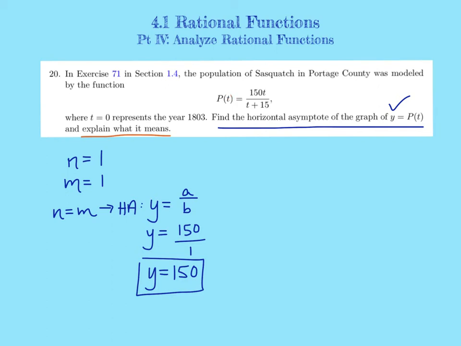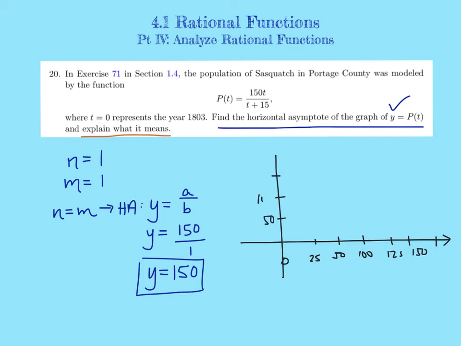Let's talk about positive infinity here. What we do know is that as t gets very large, so let's say this is when t is 0, the year 1803. Let's say 25 years past that point at 1828, and then 50 years past that point, 100 years past that point, and so on, all these years past that point.